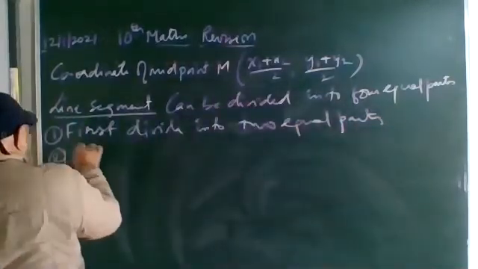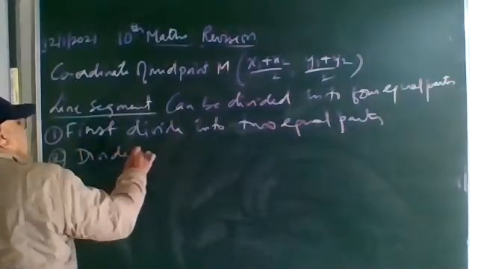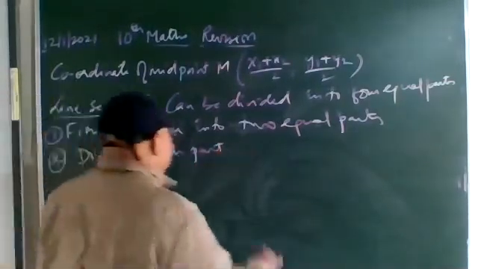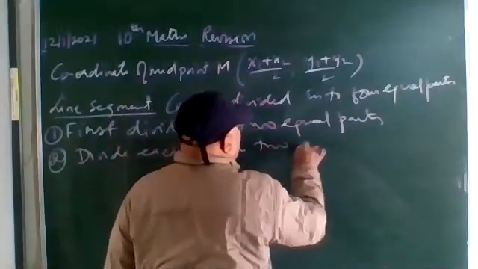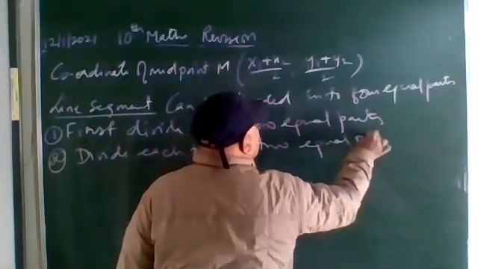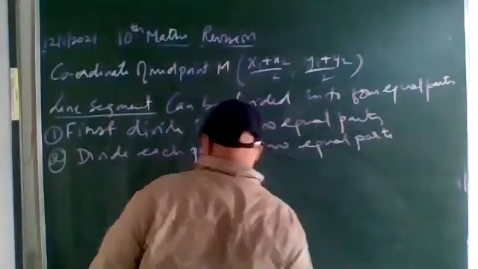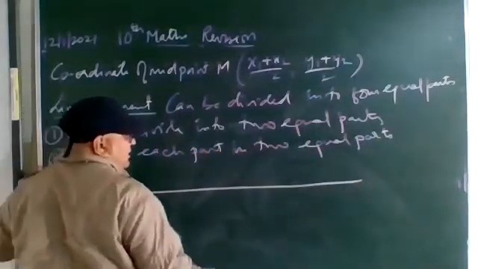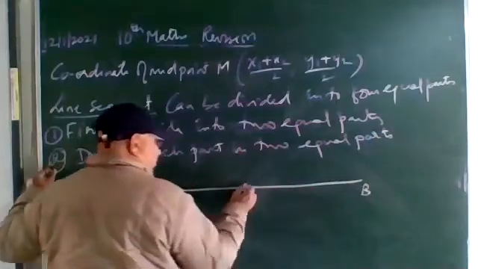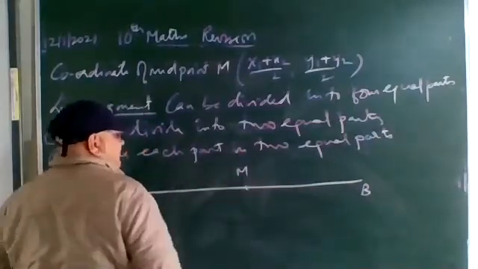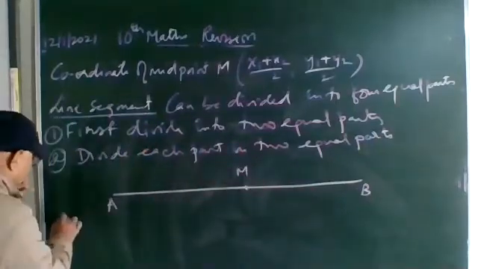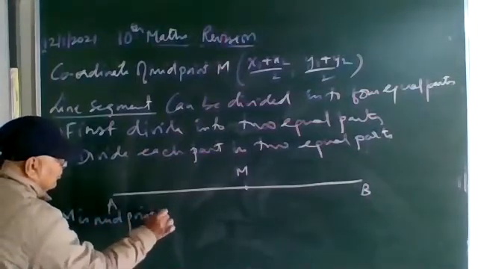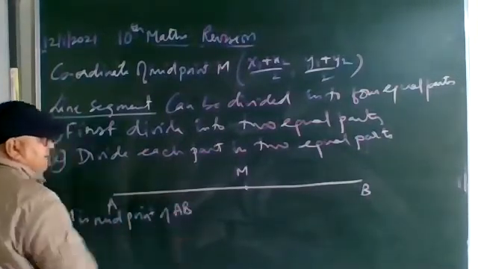Second, divide each part into two equal parts. Just I want to explain here. This is the line segment AB. So M is the midpoint of AB.